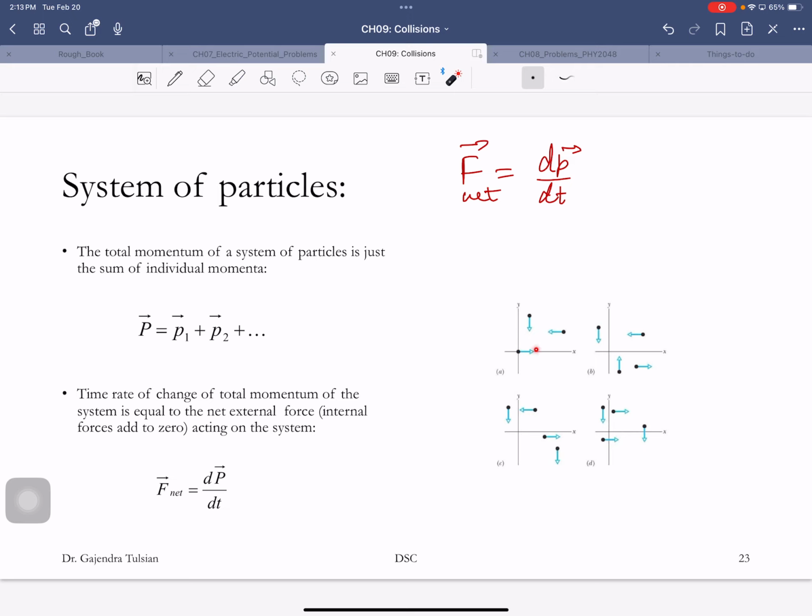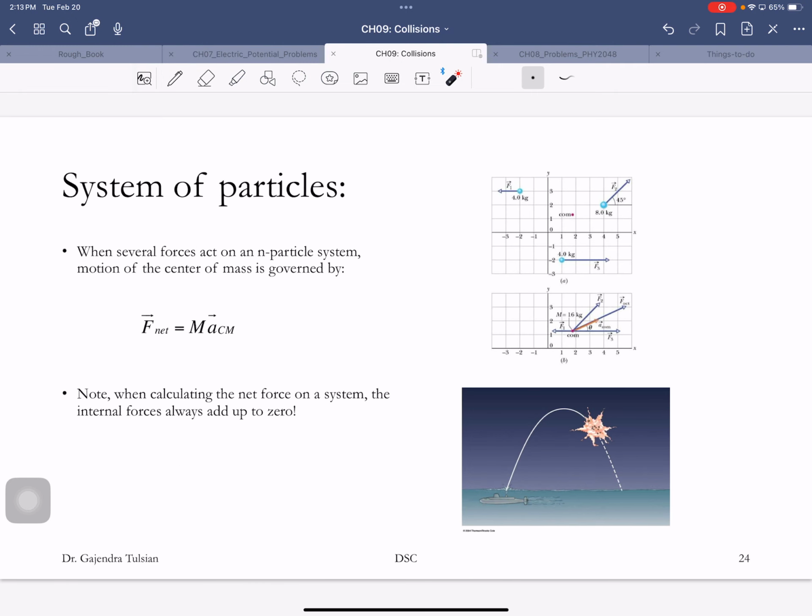You add up all the forces, that'll be the net force on the system. You add up their momenta, that'll be the net momentum of the system. The net force on the system is the rate of change of net momentum of the system. So this equation applies to a single particle and it applies to a system of particles as well. That's the total momentum of the system, and the net force on the system is the rate of change of net momentum of the system.